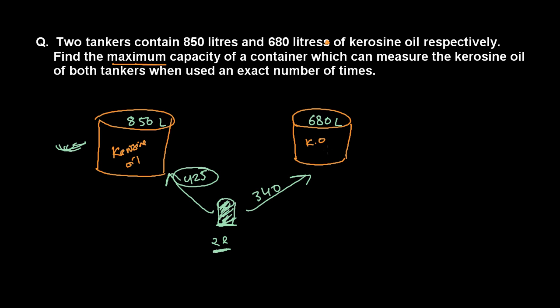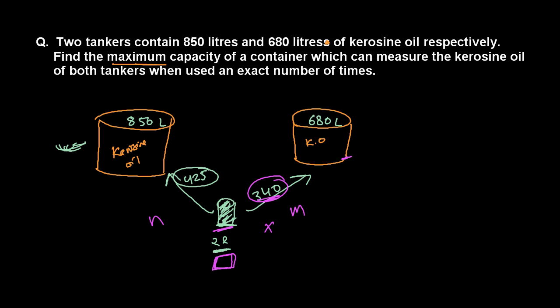Similarly, the oil in this tanker is 340 exact times the oil in the small container. This 2 liters I took just as an example; it may be any amount. Let me say this is m times this and this is n times this.